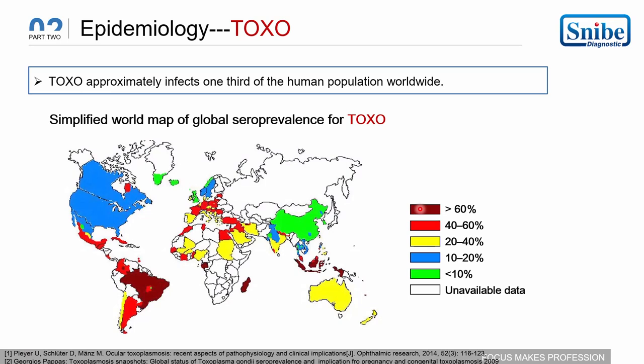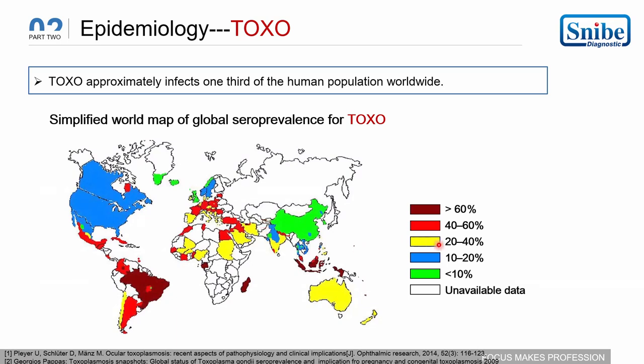So those countries, like you can see here in this area, Brazil, Argentina and Peru, are more impacted with toxo infections, and the countries which have less prevalence, you can see here China has less prevalence, and for Russia, Mongolia, Kazakhstan, Afghanistan and Pakistan, the data is not so clear.